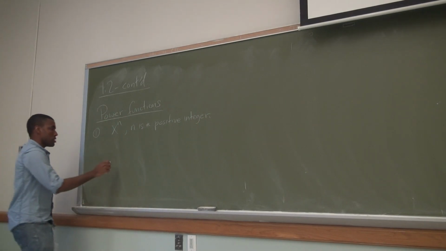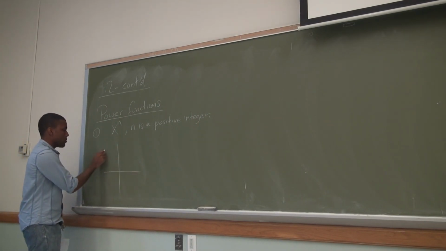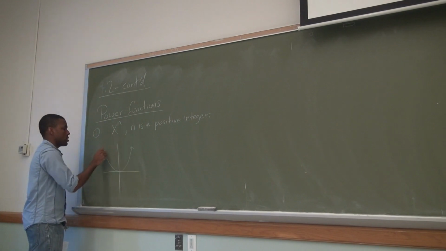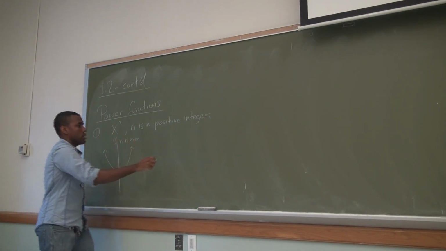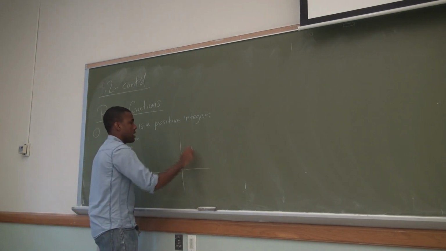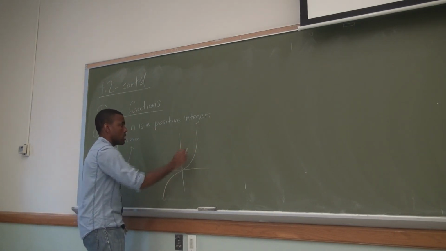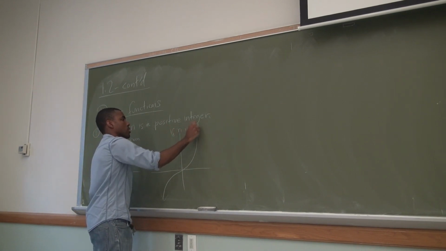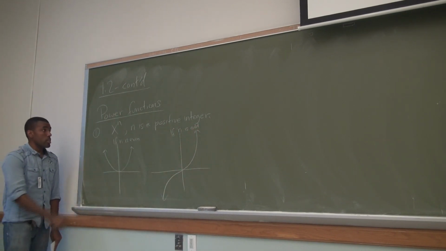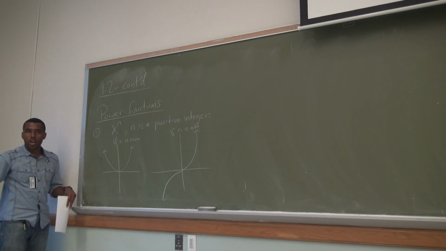You should know that the graph is a parabola if n is even, and it actually looks like a cubic if n is odd. And the only thing that changes is the bigger the power is, the wider the graph seems.